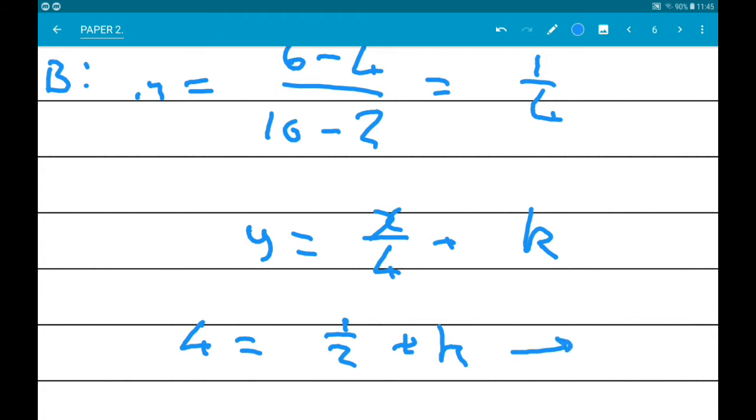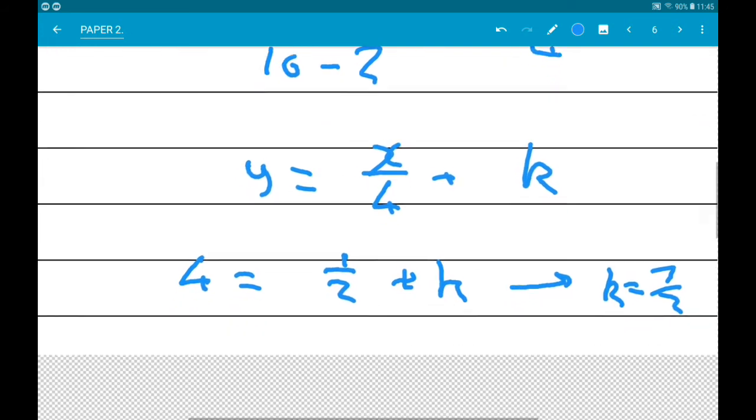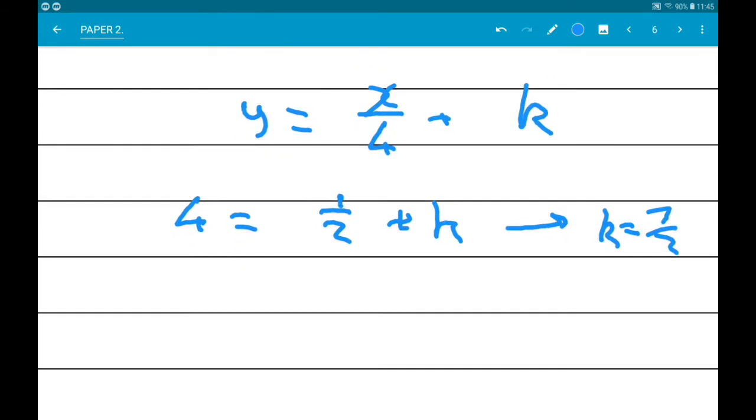That tells us k is 3.5 or 7 halves. So, the line AB is y equals x over 4 add 7 halves.